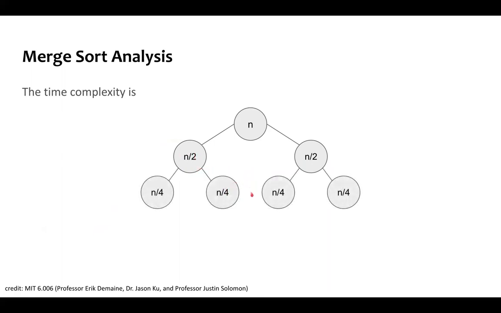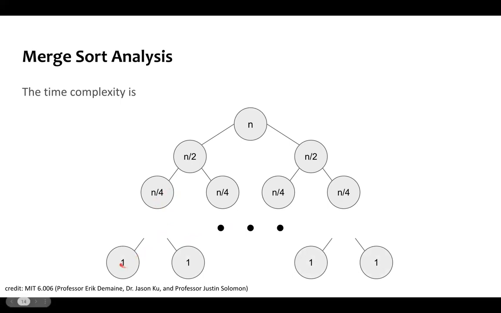And after the next iteration, these items will be divided into another left and right half. So it's going to contain n/4 items. And in the end, each division will contain only one item. And these items are already in order. And we merge them to make the full sorted list.